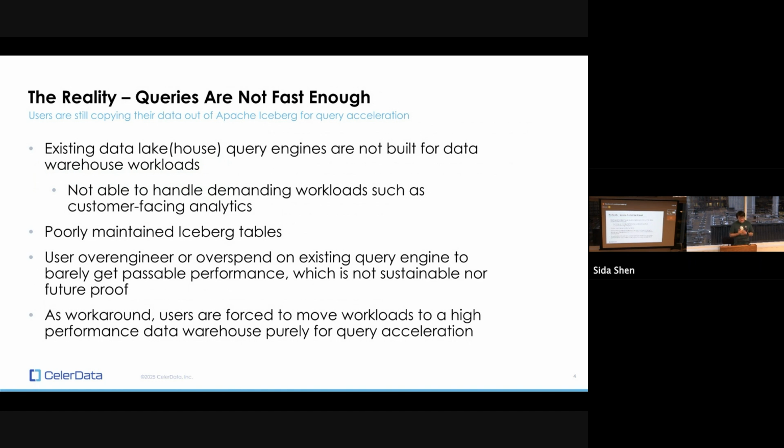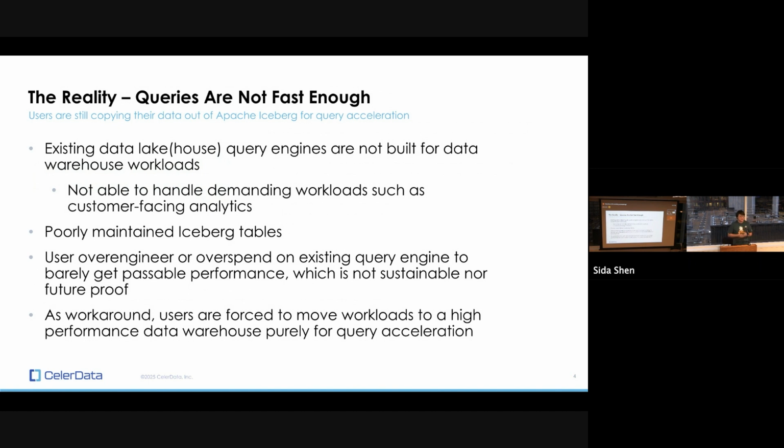They're not able to handle demanding workloads, such as customer-facing dashboards, very high concurrency, low latency kind of workloads. Or it's caused by poorly maintained Iceberg tables. So users either over-engineer or overspend on their existing query engine to barely get passable performance, which is not really sustainable. It's not really future-proof.